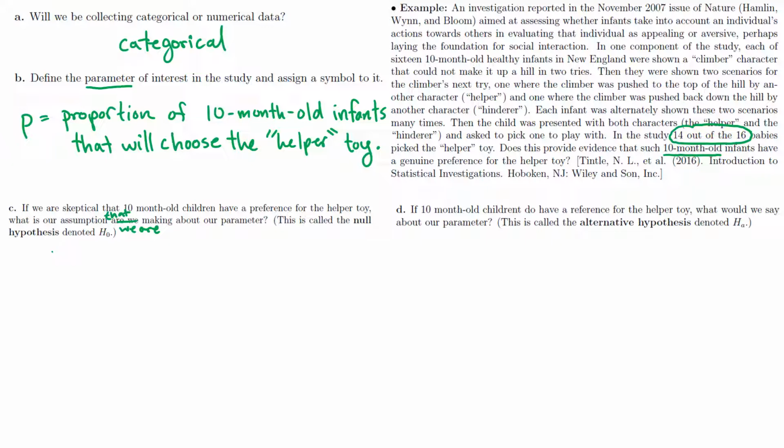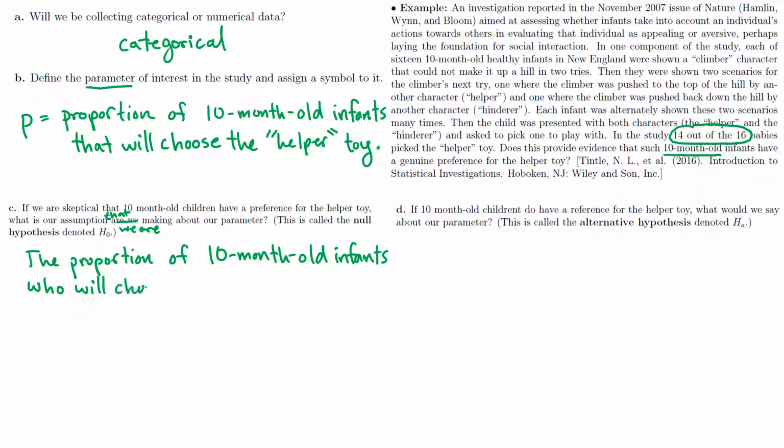If I'm skeptical, then I would say something like: the proportion of 10-month-old infants who will choose the helper toy is no more than half, right? Or no more than 50%.